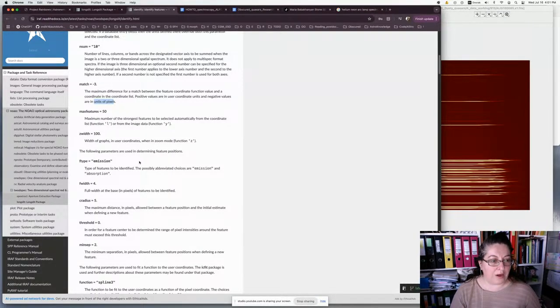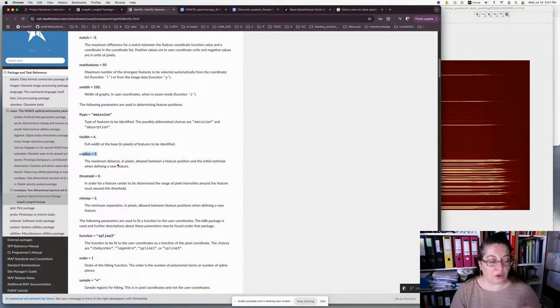Okay, this is one. And then the C radius is also kind of a matching thing, but it's something a bit different. It is the maximum distance in pixels allowed between a feature position and the initial estimate when defining a new feature. A feature position is like a centroid radius.